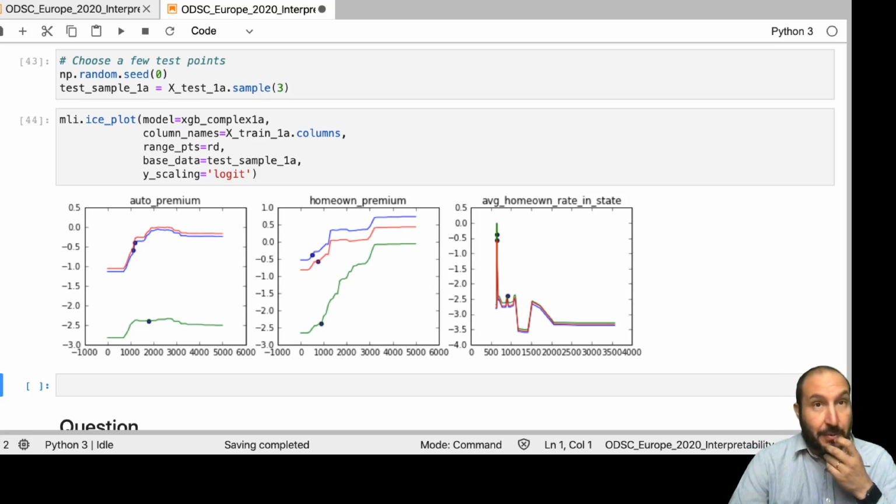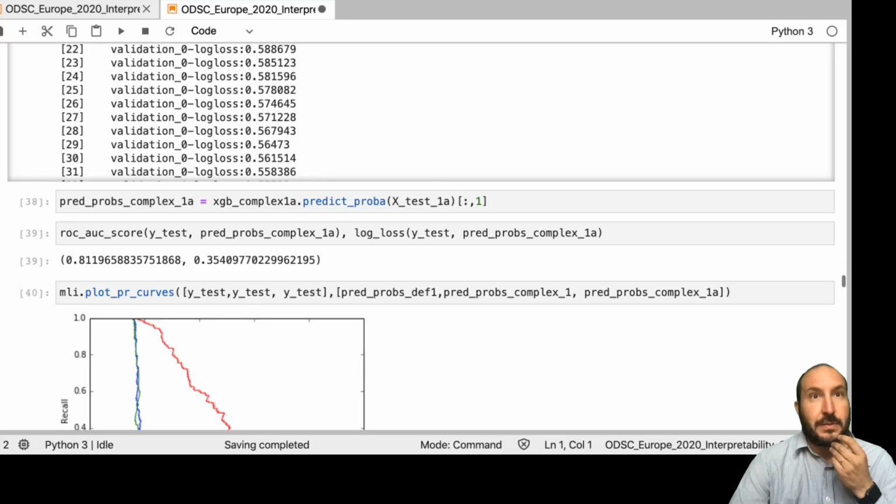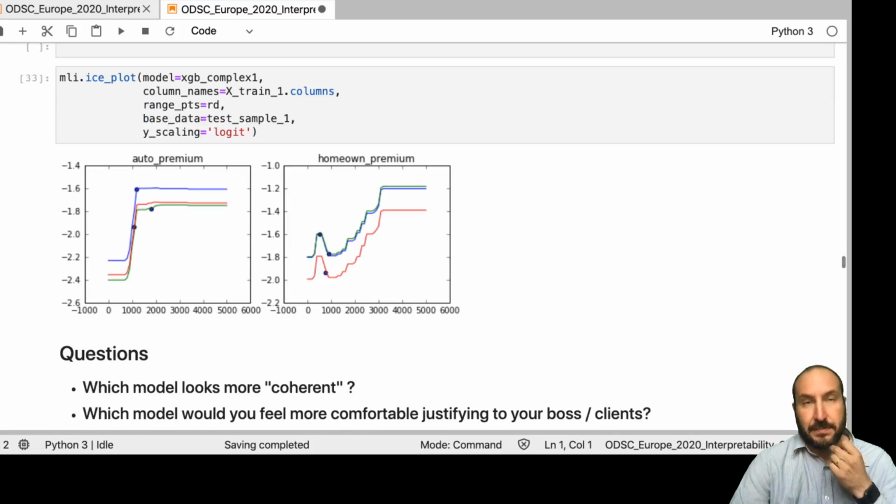What was going on before in this old model was, since we didn't control for state, if you were paying around this value, it was saying, well, you probably live in a state with low insurance rates.